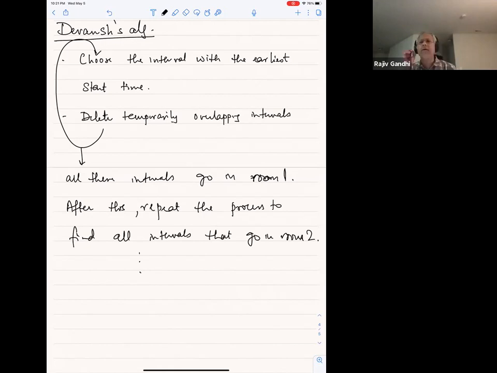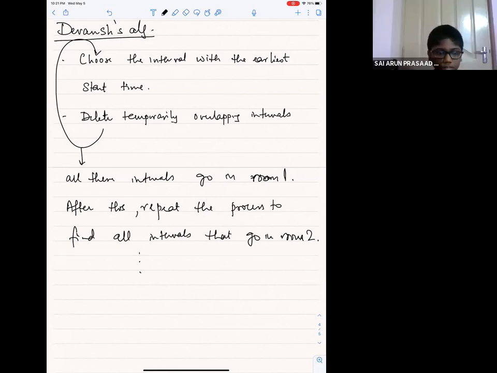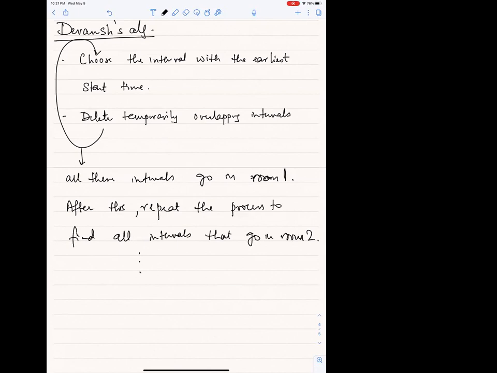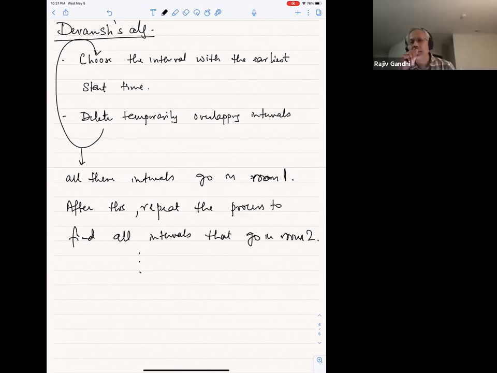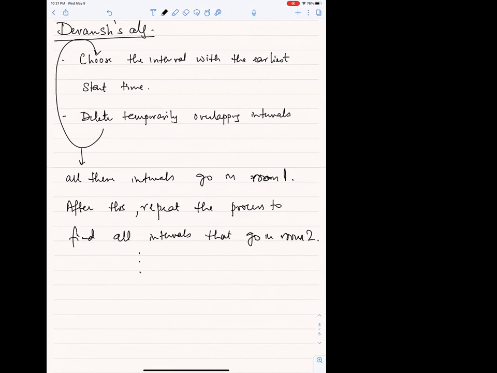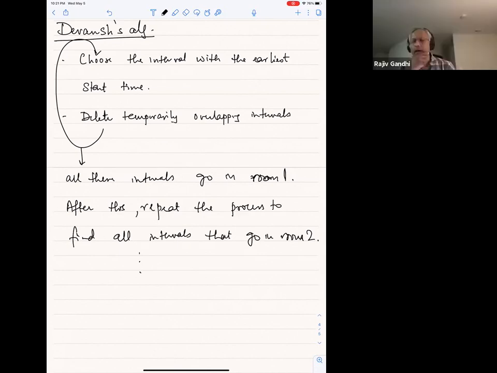Is this algorithm of Devansh clear to everyone? Smayan, is that clear? Yes. Shresh, is this clear? Yes. Siddharth, is this clear? Yes. Anushka, is this clear?